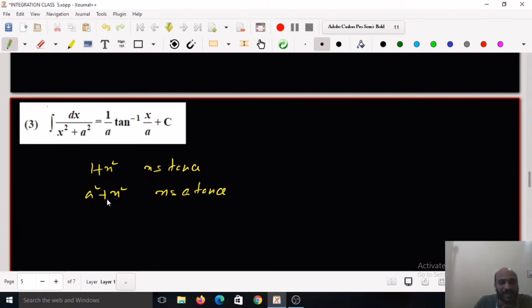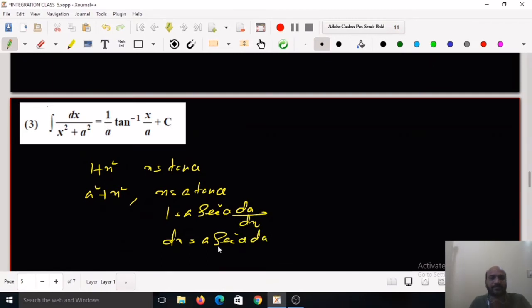If you take x equal to a tan theta, differentiate both sides with respect to x, what will you get? 1 equal to a into derivative of tan theta, that is sec square theta into d theta by dx, and we cross multiply, so we will get dx equal to a into sec square theta d theta.